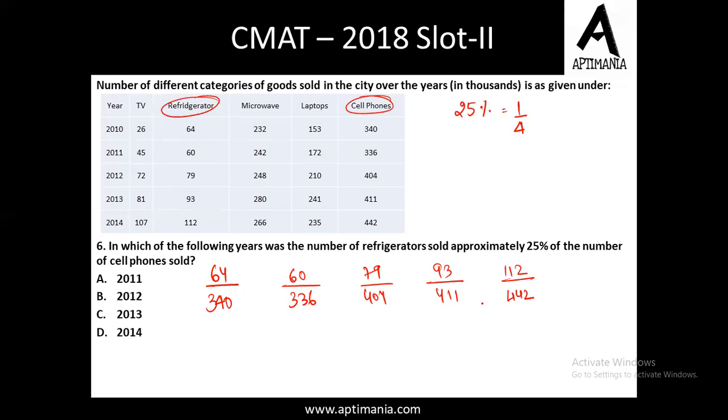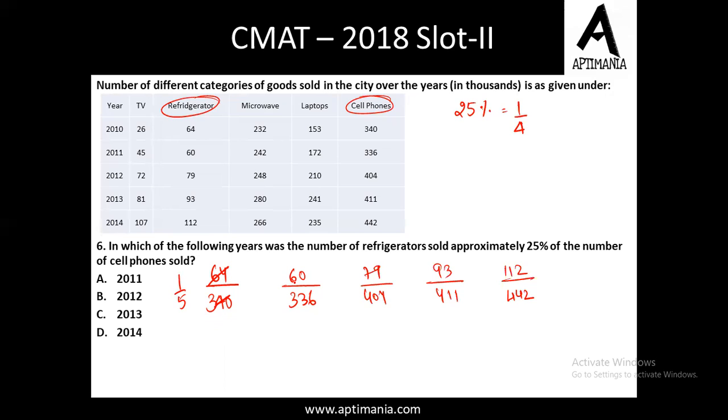By approximation, if we check, the first is approximately equal to 1 upon 5, because 64 into 5 is approximately 320. So it is close to 1 by 5, that's approximately 20%.